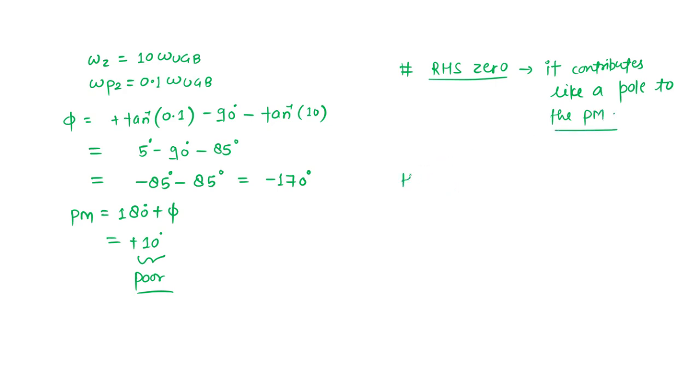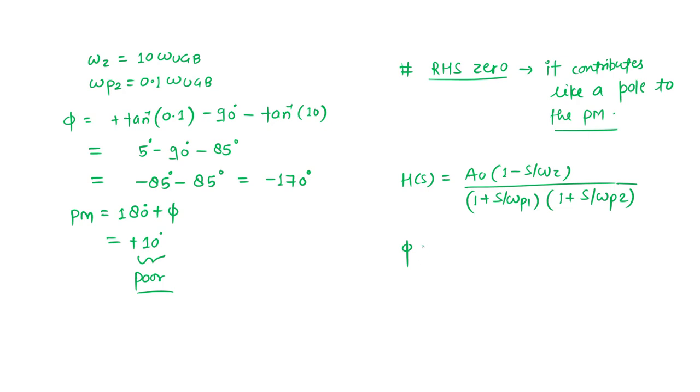Let's say my transfer function is something like a naught times (1 minus s by omega z) over (1 plus s by omega p1) times (1 plus s by omega p2). Here, if we calculate the phi, then the zero itself will give me negative phase, and all are negative phase, so the zero is also contributing to the phase margin in a negative sense.